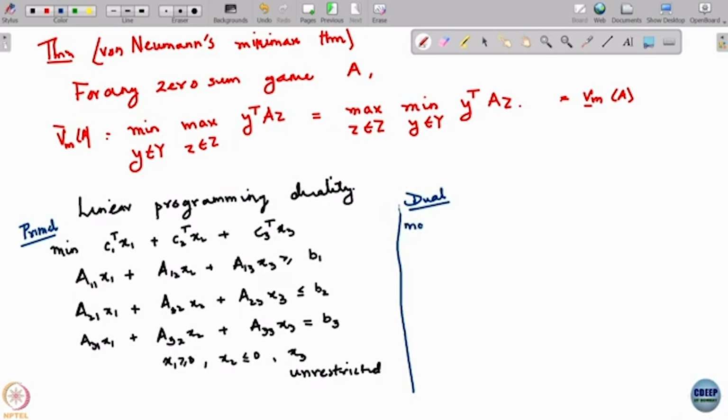So, the dual is a maximization, okay, and it is maximization of again the sum of three linear functions of now another variable, we will call that variable w.